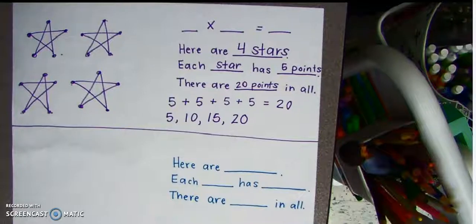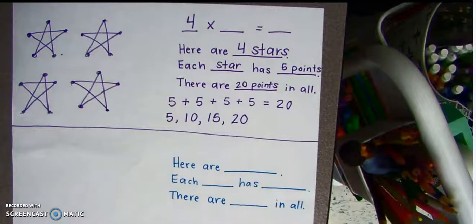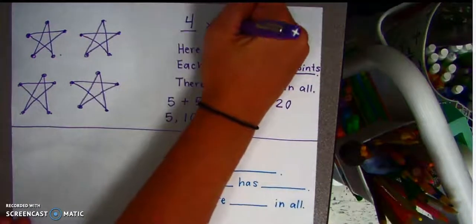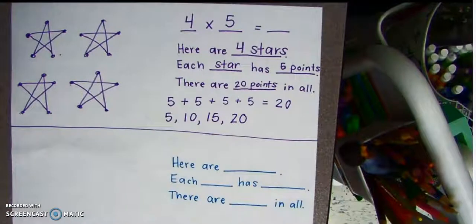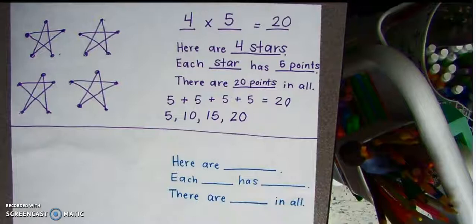Well, in this case, we have 4 stars, so that's 4 groups. We multiply that by the number in each or on each star. Well, we said that each star has 5 points. So we would write our multiplication equation like 4 times 5. And 4 times 5 equals 20 points in all.